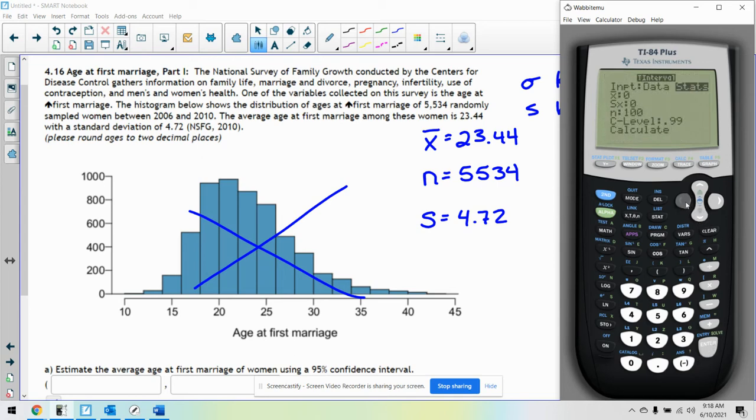And we're not going to use data. We don't have data. We're just going to use the statistics given. So our X bar is 23.44. Our sample standard deviation is 4.72. And our sample size is 5,534. And we want a confidence level of 95% or 0.95.